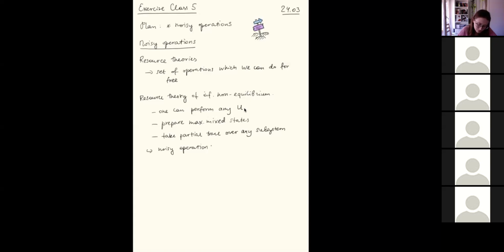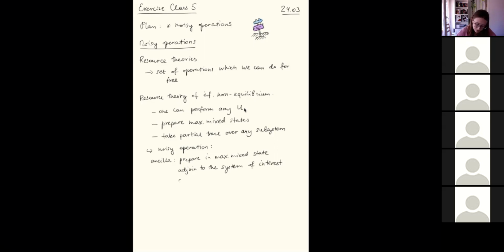And the general form of this noisy operation goes as follows. First, we have the ancilla, which is prepared in a maximally mixed state, which is allowed. Then it is adjoined to the system of interest, so our resource.